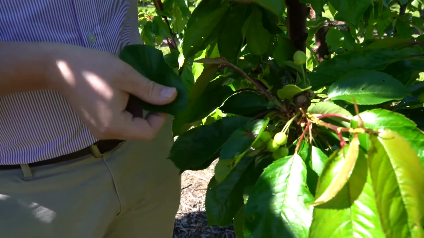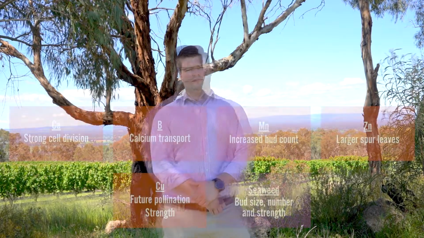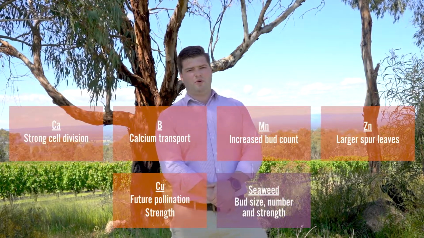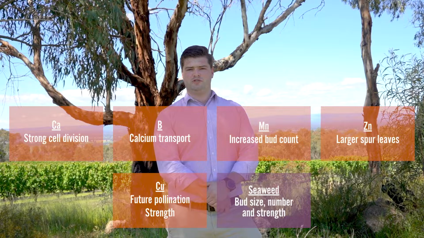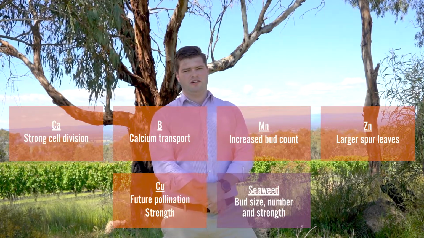So quite often during bud initiation we're focusing on the major elements for sizing of fruit, such as our potassium, but we really do need to make sure we cover off on some of the other trace elements. Trace elements that are important during this time are boron, zinc, manganese, iron and copper.